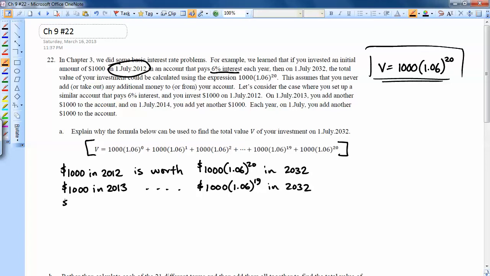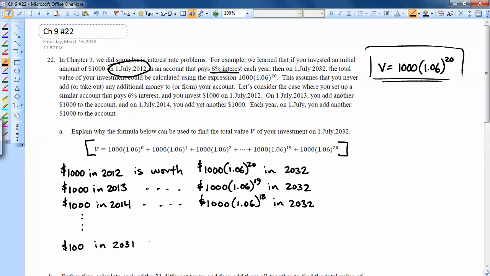And the $1,000 that you invest in 2014 will be worth 1,000 times 1.06, and now it has 18 years to gain interest. And so you can keep this going all the way down to the $1,000 that you invest in, let's say, 2031.